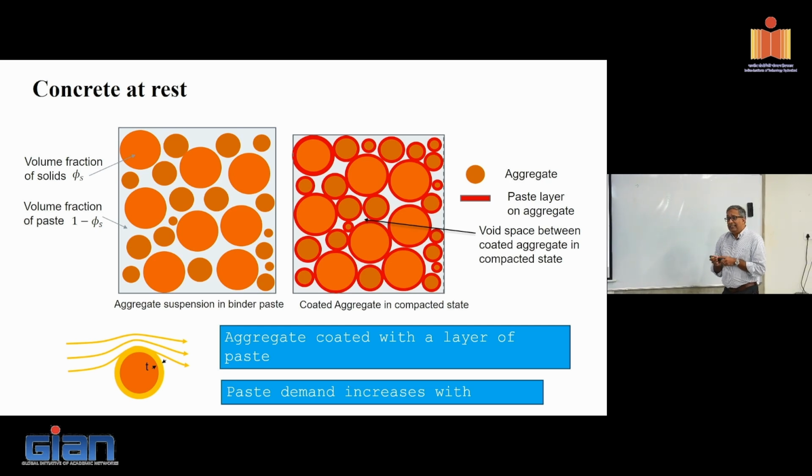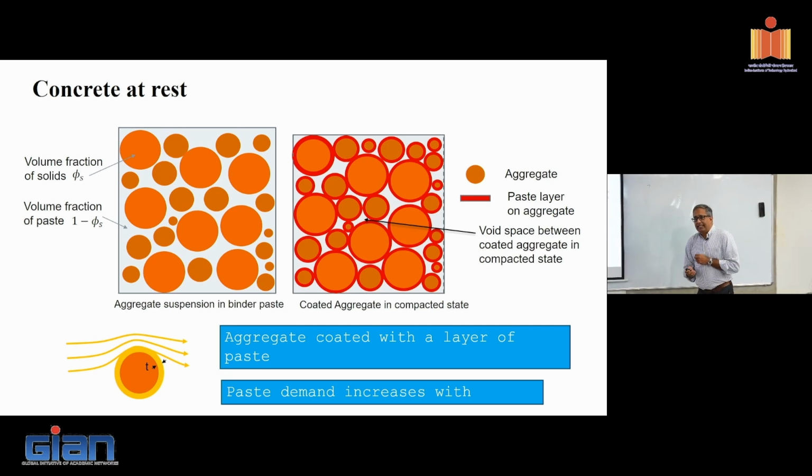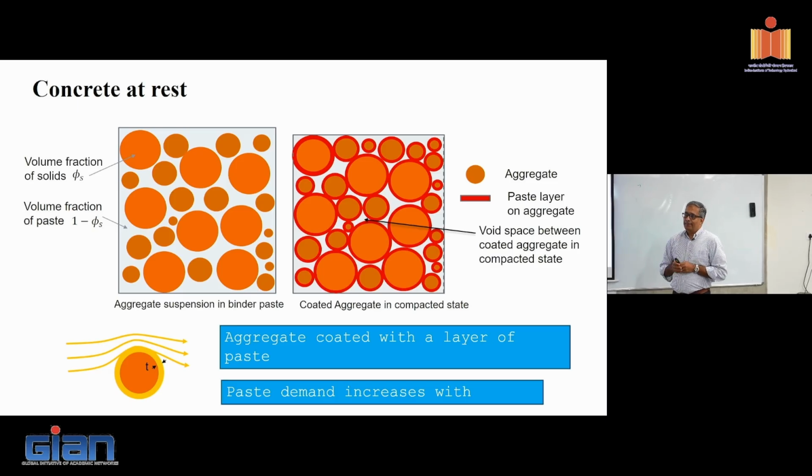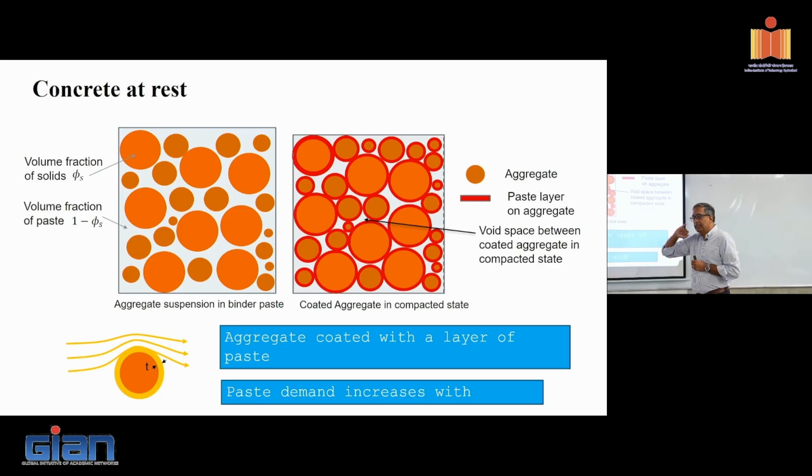Now, this paste layer will always be present on the aggregate. So why is that important? Well, my paste demand increases with surface area. So if I give you concrete which has a smaller largest size, the surface area would go up, which means my paste demand would go up. So if I'm trying to balance packing and paste demand, then I have to expect this.